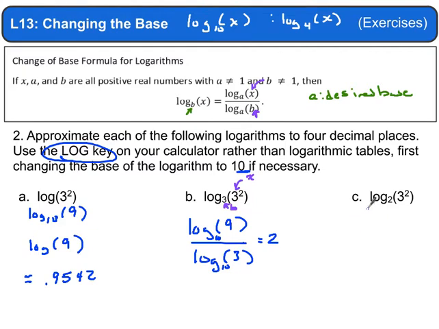So same idea over here. We have a log base 2 of 3 to the squared power. We want to be log base 10. So we're going to apply the change of base. So this would be log 9 over log 2.